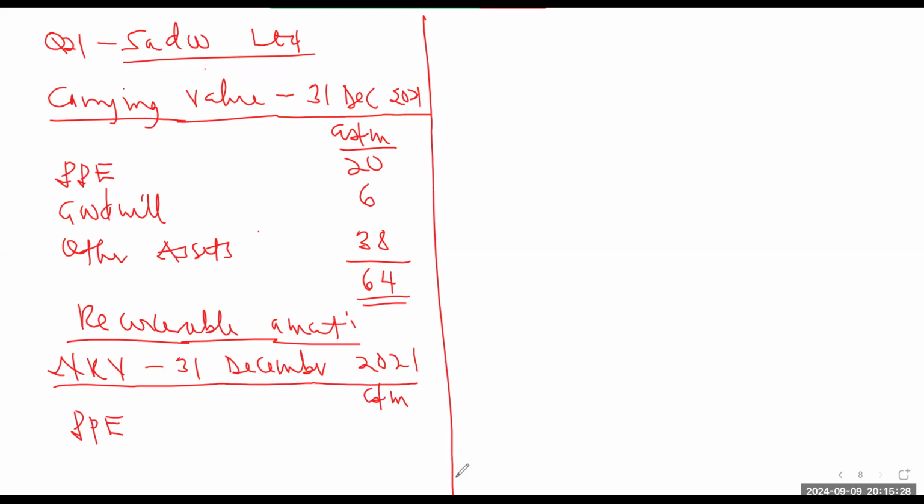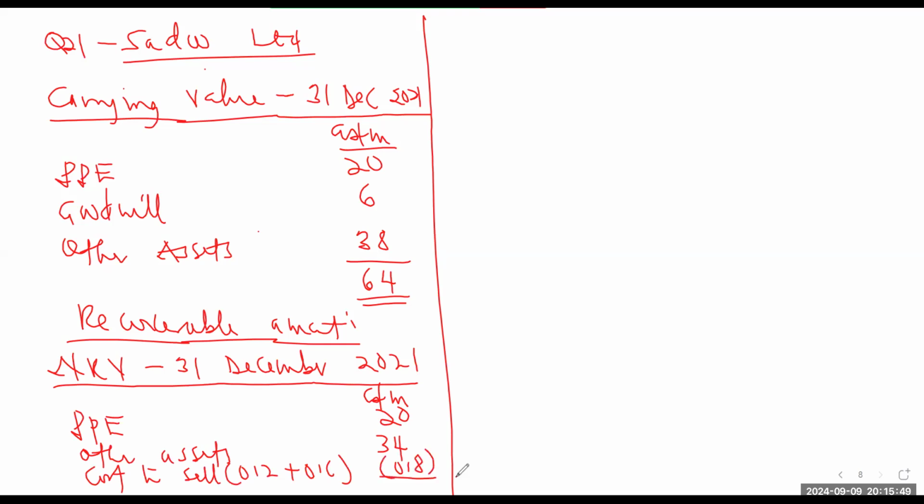The other asset is what? 34 million. The total cost to sell is how much? 0.8.